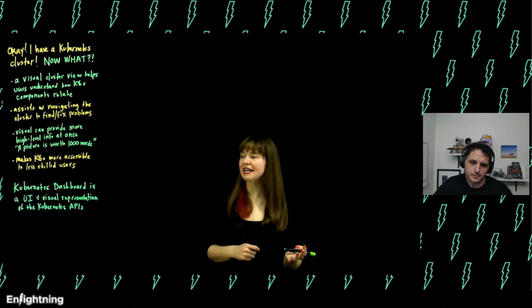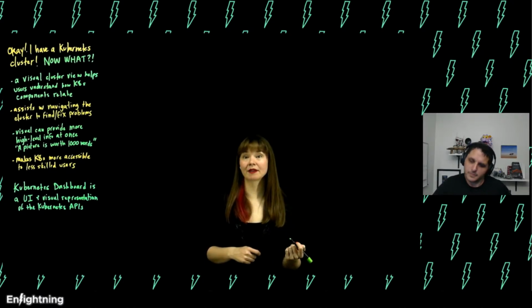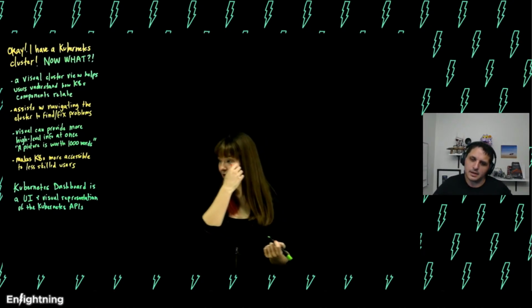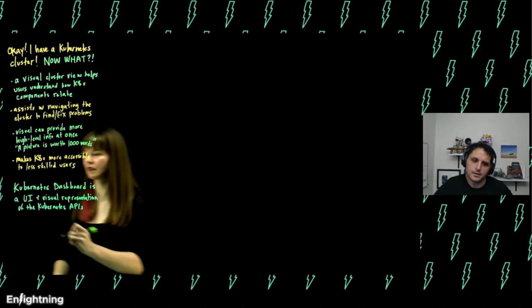So Kubernetes Dashboard is a UI and visual representation of the Kubernetes API. I think that's a good definition. Yeah. Cool.